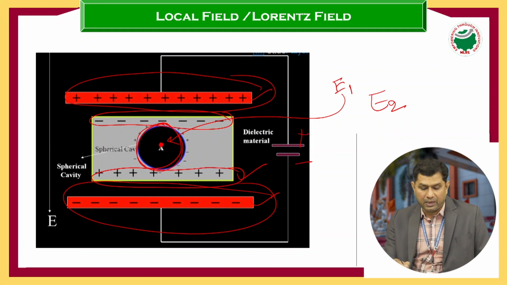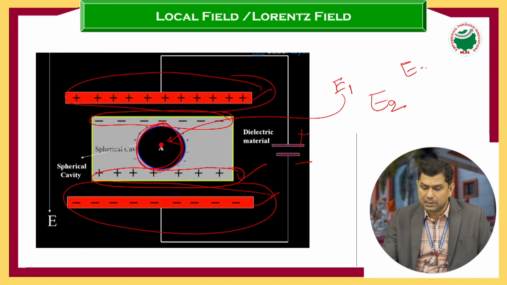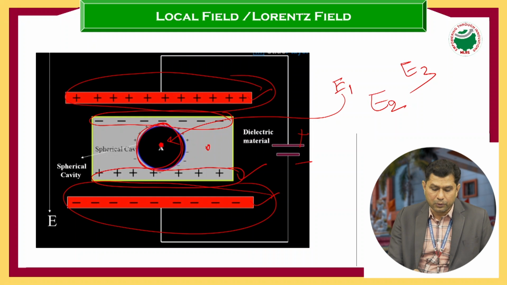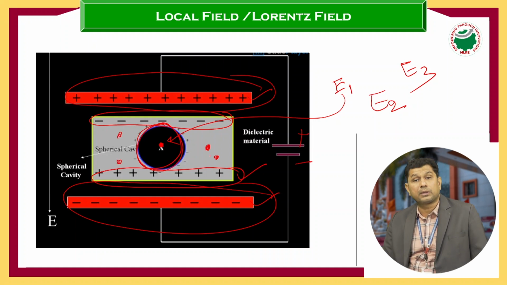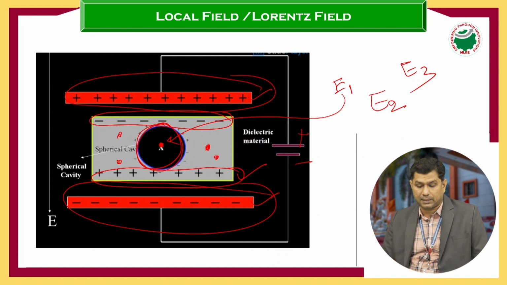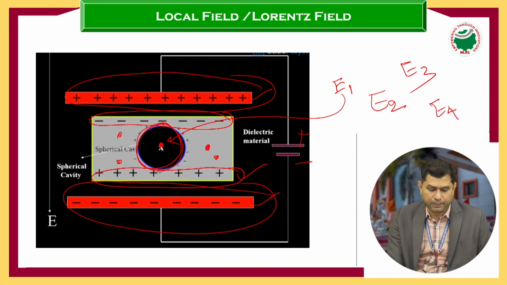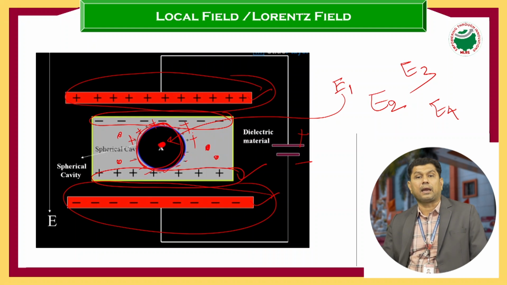E2 is the field experienced by atom A due to the charges on the dielectric material. E3 is the field experienced by this atom A due to the other atoms present in the material. E4 is the field experienced by this reference atom A due to the charges accumulated on the imaginary spherical cavity.